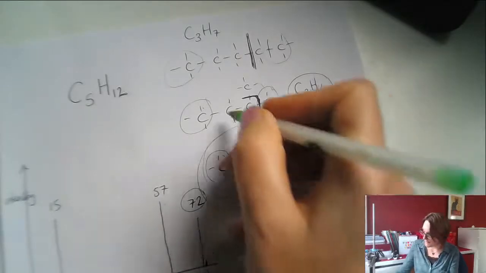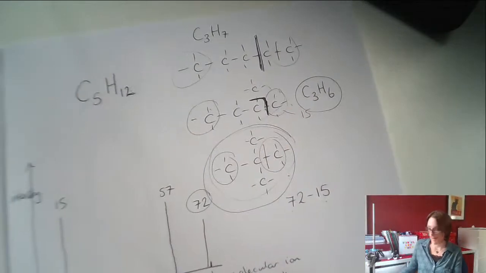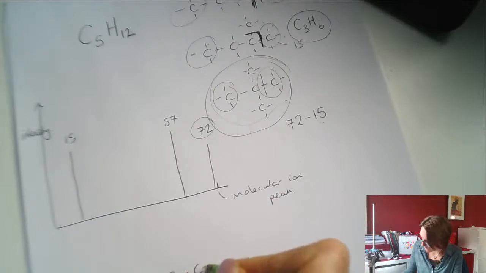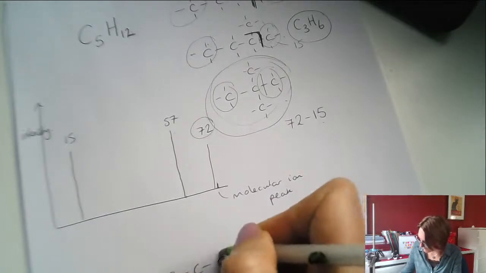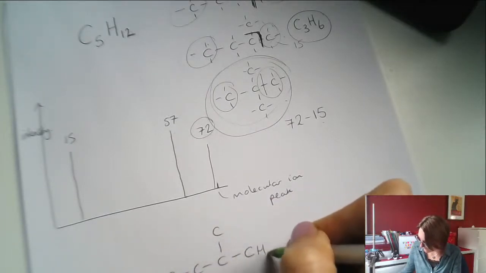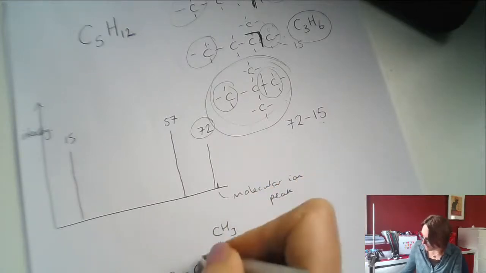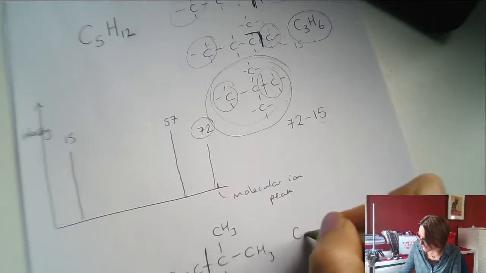Well, yes, there is. So I'm just going to draw that isomer again because it's got really, really messy. But with methyl butane, I can also make a C3H7.